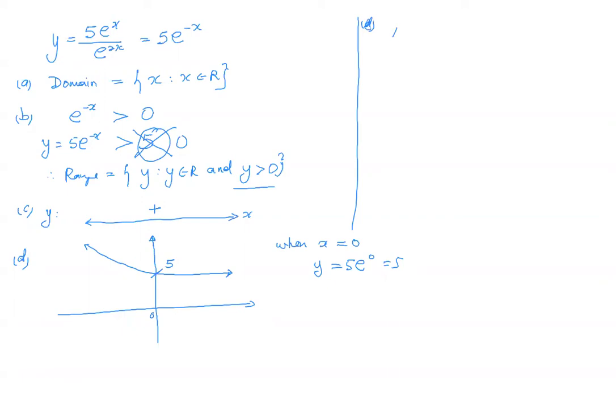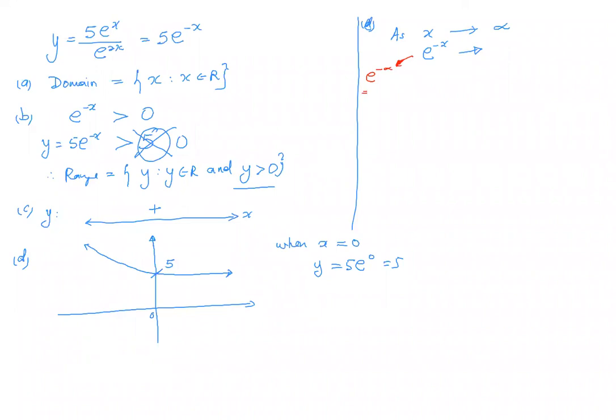Why I know my graph is going in this way. I will say as x approaches infinity, e to the power negative x will approach what? This is very, very important. You have to imagine like that: e to the power negative infinity, because now there's a negative sign here.